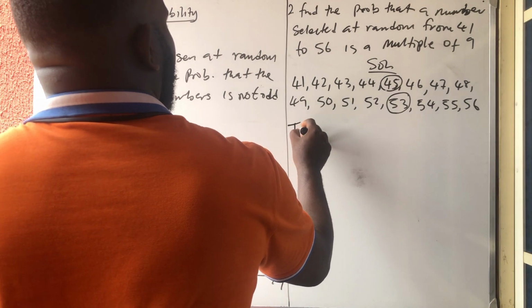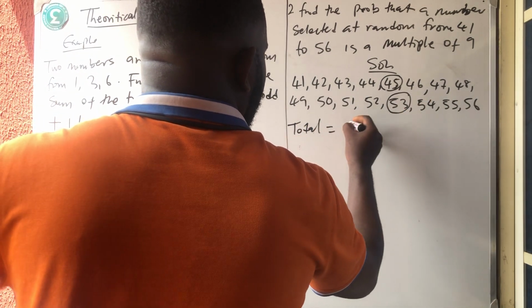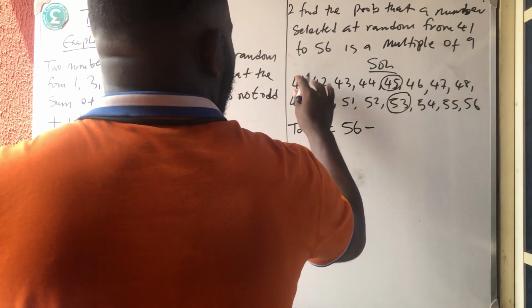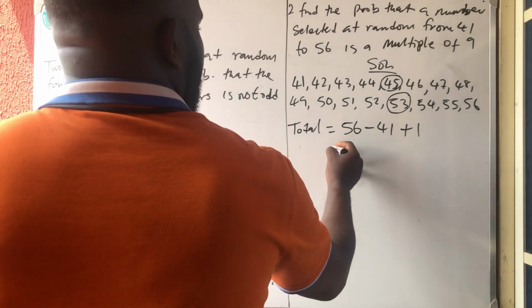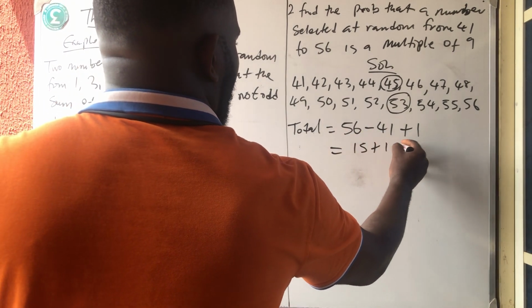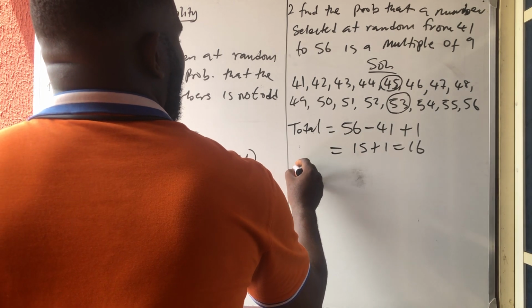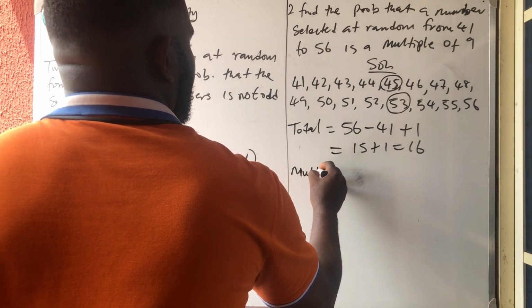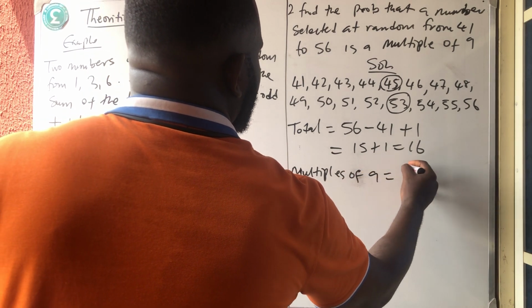So the total number is what? 16. Or you simply say 56 that you have here minus 41, then plus 1. That's how to get it. So this is 15 plus 1, which is 16. And the multiples of 9 there are simply 2 numbers.